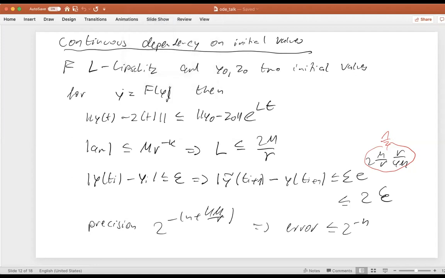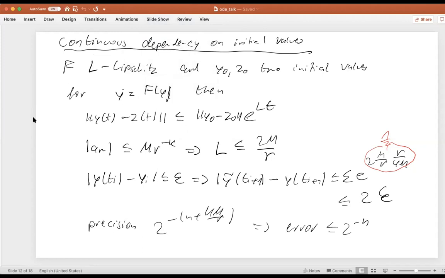I have a question. If f is known to be Lipschitz, should we also know L in advance? You mean if we want to use this polynomial-space algorithm?